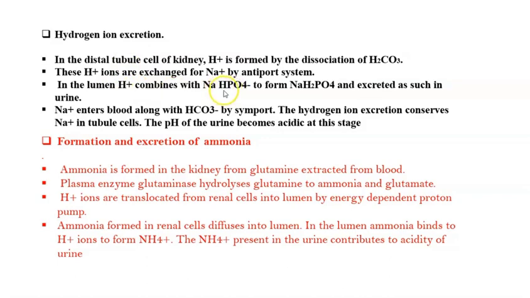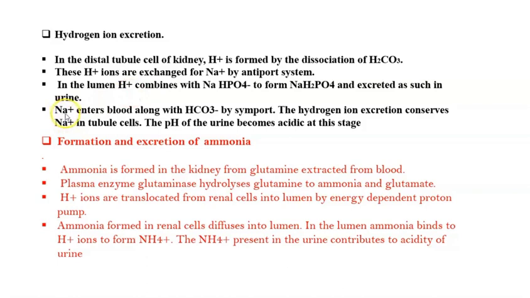These are components of the phosphate buffer, and this sodium hydrogen phosphate will form sodium dihydrogen phosphate, and then they are excreted in urine out of the body. That's why hydrogen is excreted.